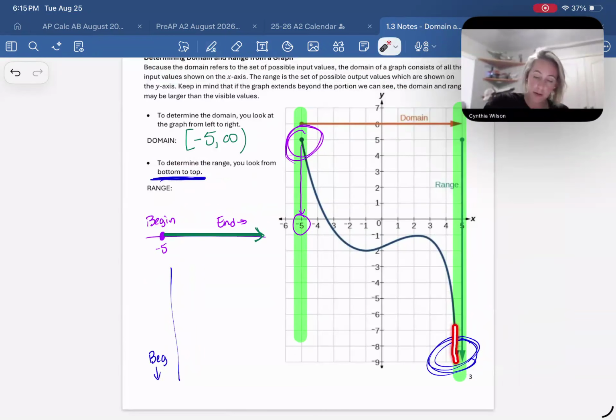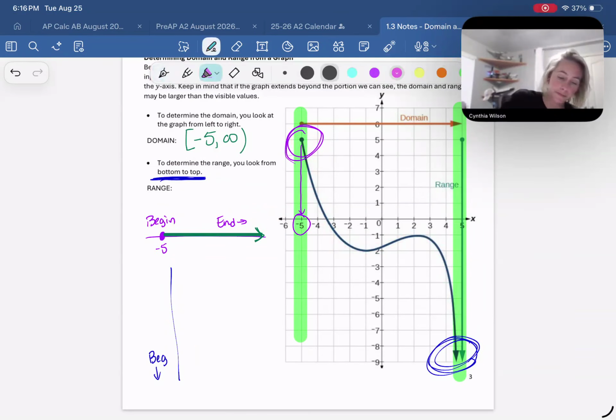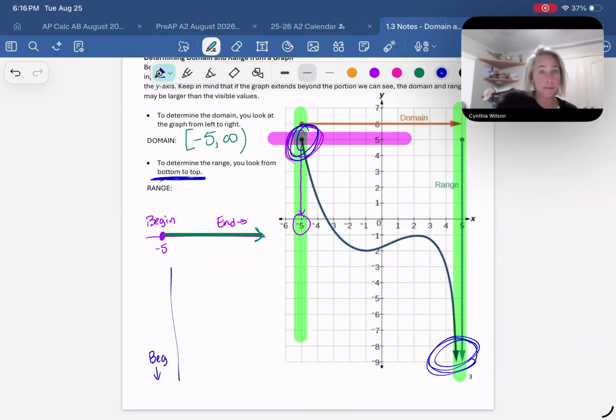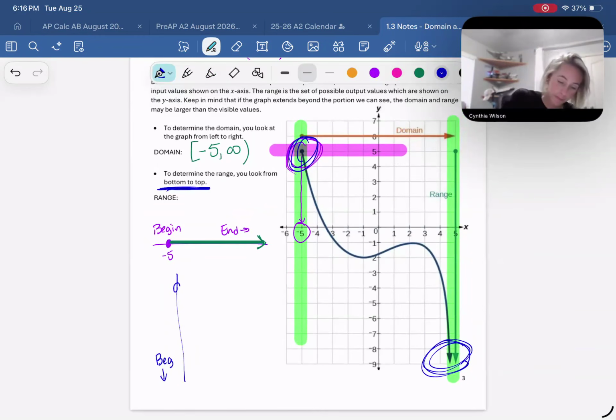And then I'm going to keep going up. The graph is continuous, so I'm going to keep going up. Nothing is breaking. And I see the very, very top. That's still a closed dot, right? So I'm going to end with a closed dot.